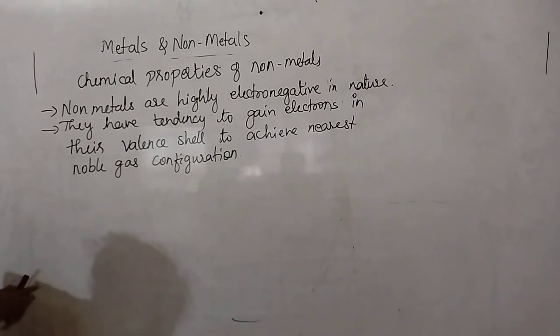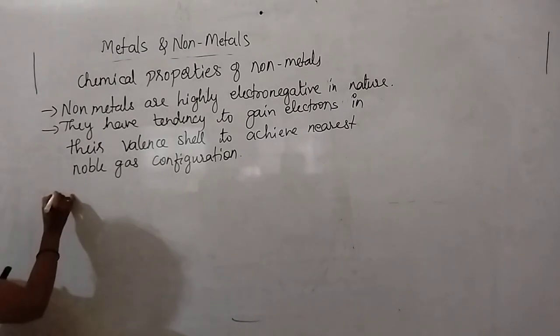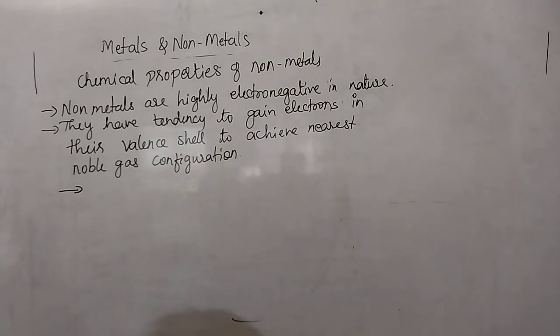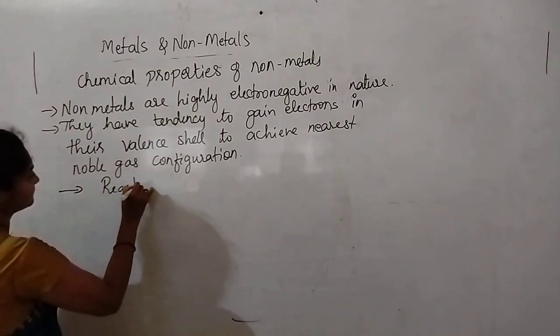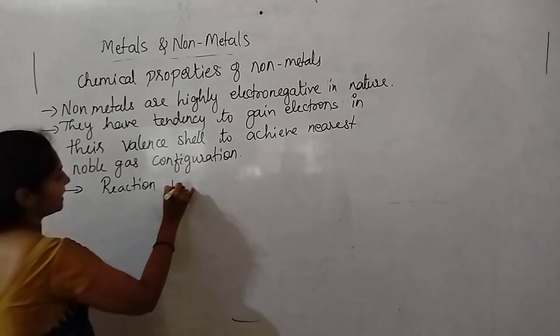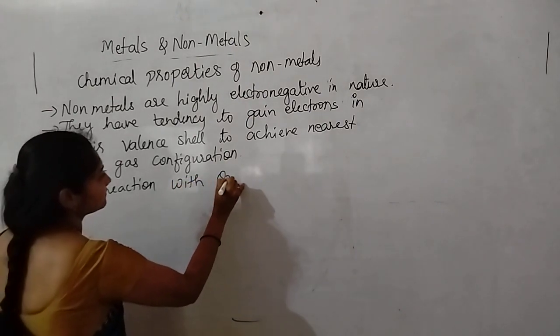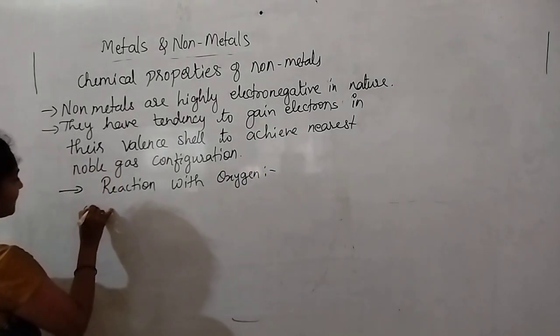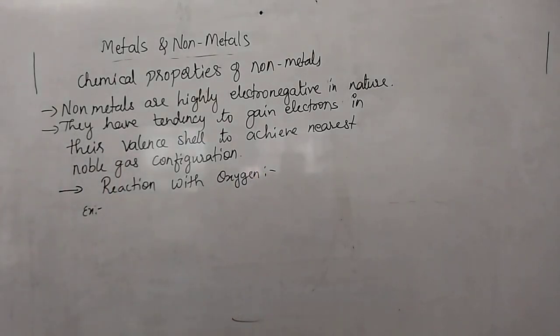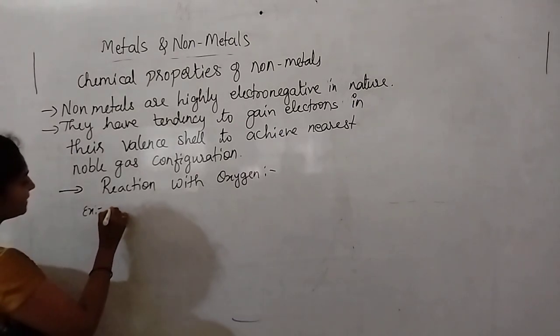In that, we discuss the first chemical property: the reaction with oxygen. When these non-metals react with oxygen, they form oxides.